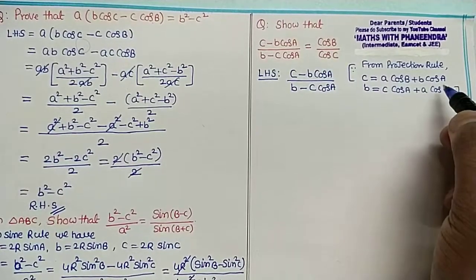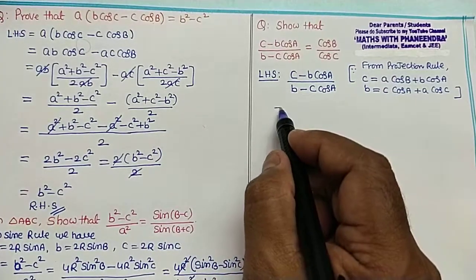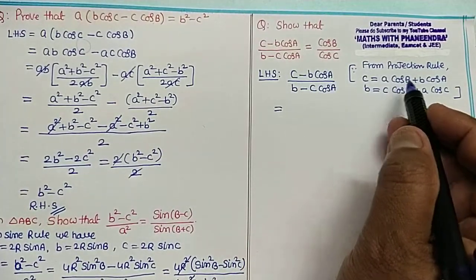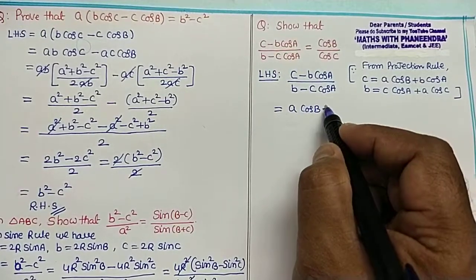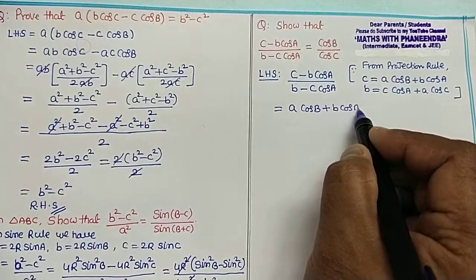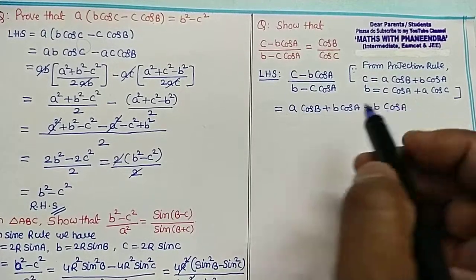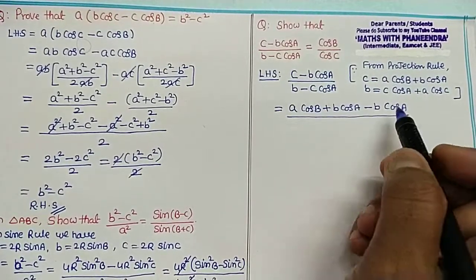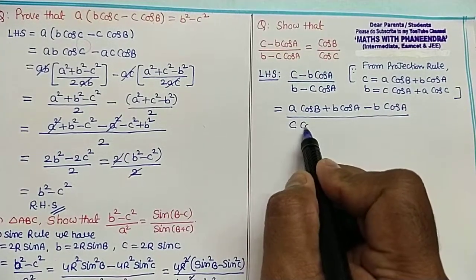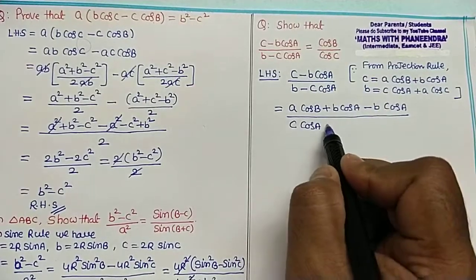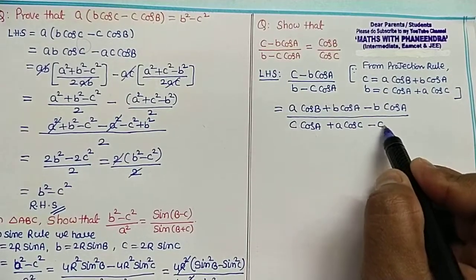These values you have to replace in C and B. Therefore, in place of C, I am replacing with this value, A into cos B plus B into cos A minus B into cos A whole divided by, in place of B, I am replacing with this value, C cos A plus A cos C minus C cos A.